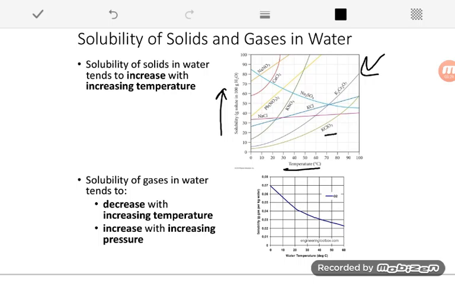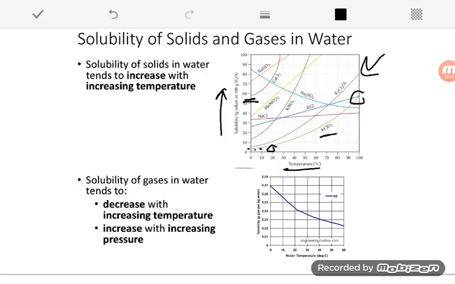So for instance, if we look at this bottom curve, KClO3, we see that at 20 degrees, my solubility is very low. My solubility is maybe only 5 grams of potassium chlorate could dissolve in 100 grams of water. But when we get up to 100 degrees, now my solubility is much higher. It's maybe 55 grams of potassium chlorate could dissolve in 100 grams of water.